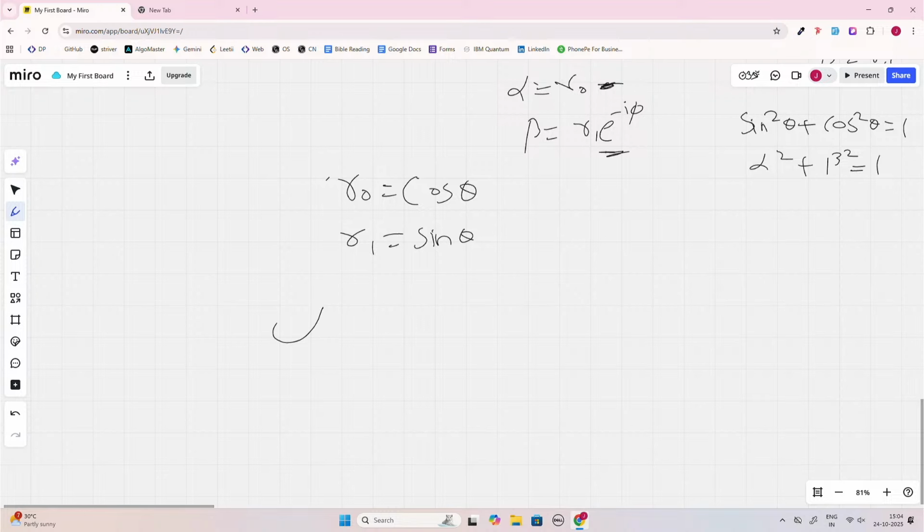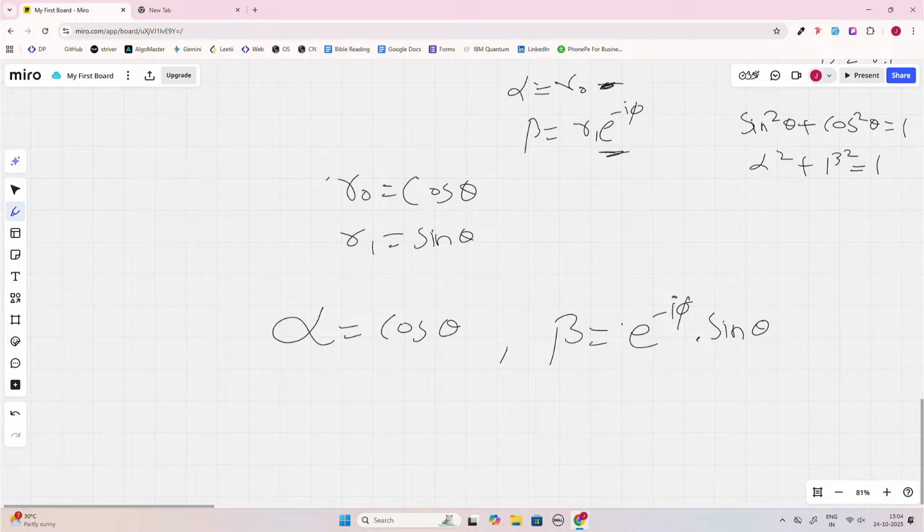Now I can write my alpha as cos theta and beta as sin theta. Okay. So I can write it like this. I can write beta as e to the power of minus i phi times sin theta.